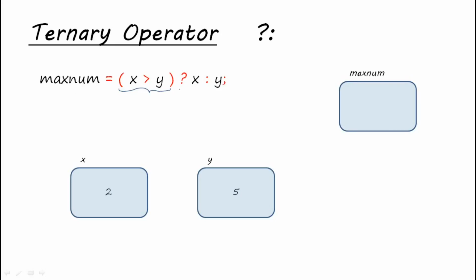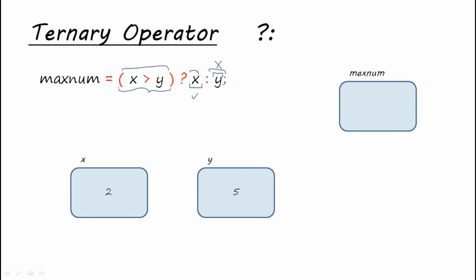The question mark would check whether this is true or false, and if the expression evaluates to true, the expression just after the question mark would be evaluated. But if the expression is false, the expression after the colon would be evaluated. This is called a ternary operator because it takes three operands, 1, 2 and 3.